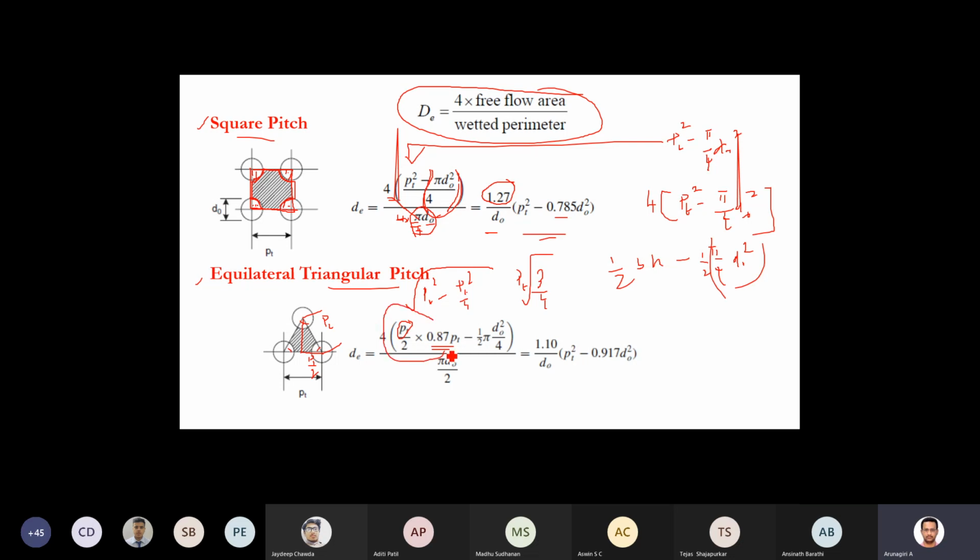This is your triangular area minus half of the circle, that is 1 by 2 of pi by 4 D naught square. The perimeter is similar: 60 degree, 60 degree, 60 degree, so 180 degree, so the perimeter is pi D naught by 2. So you can calculate the value. You will get 1.1 times D naught, PT square minus 0.97 D naught square. So this is the way to calculate the D equivalent. I know you understand this. Do you have any doubt at this point?